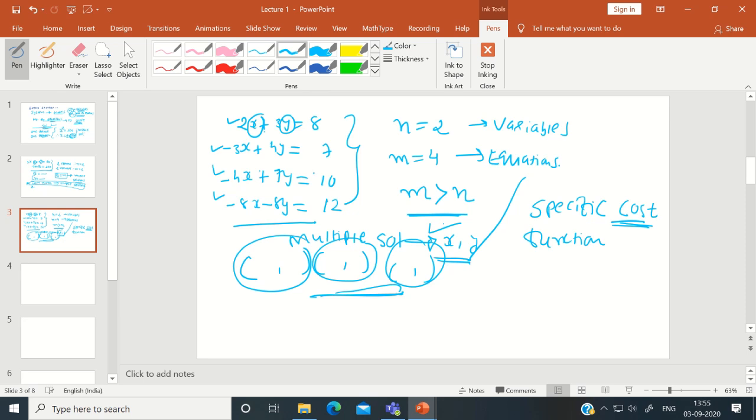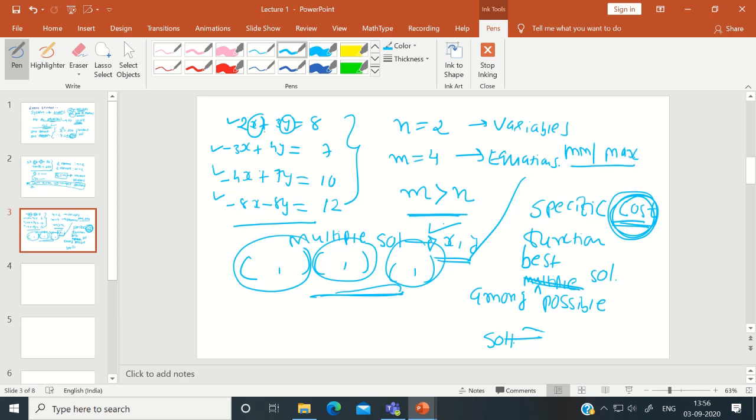So this process of finding the best solution among the multiple possible solutions, this word is important, while optimizing a specific cost function, either minimizing or maximizing it, is called optimization.